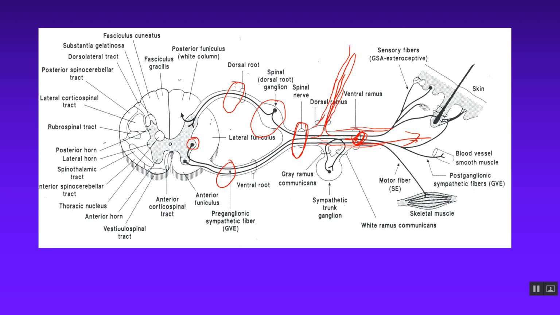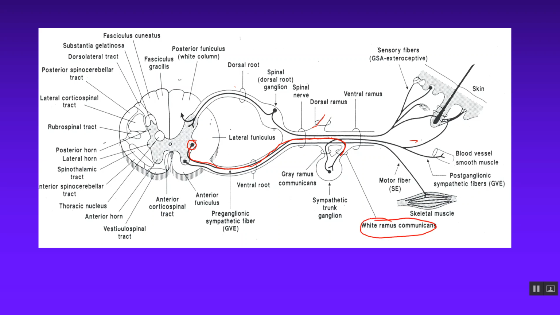Let me erase some of this stuff. Now, I think I made a mistake when I was talking about the autonomic nervous system, so let me show you the pathway here. Here's the preganglionic sympathetic cell body in the lateral horn, where it starts. The sympathetic efferent goes out the ventral root, into the spinal nerve, and into the white ramus.